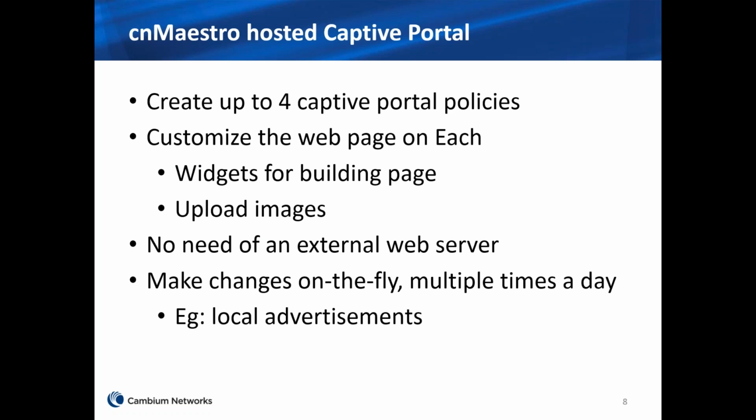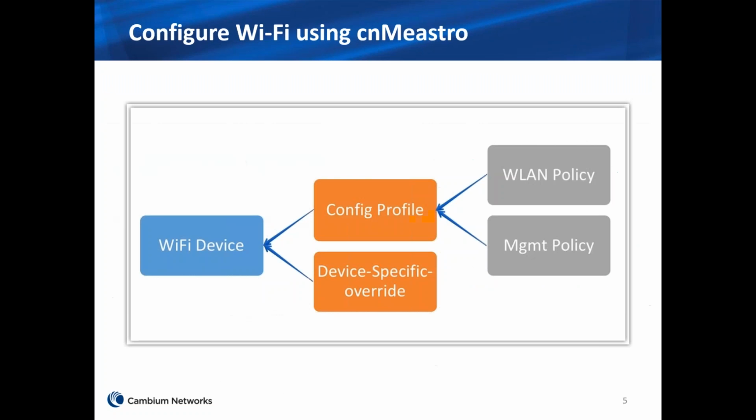to the presentation. The other thing I want to talk about is configuring Wi-Fi using the cnMaestro. So one of the things is we'd like to give a much easier way to do the Wi-Fi configuration.